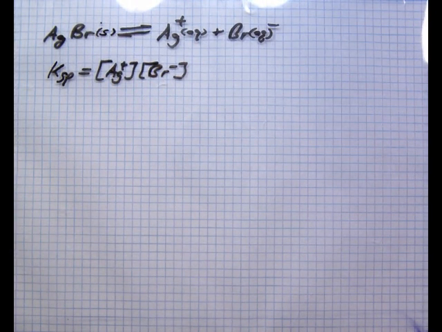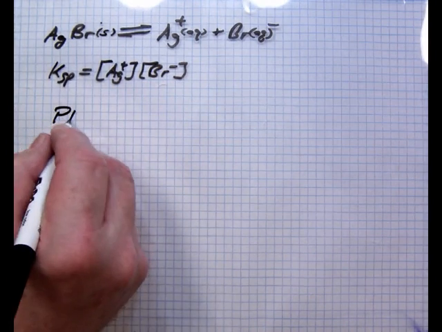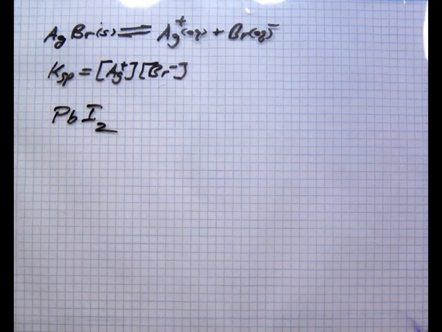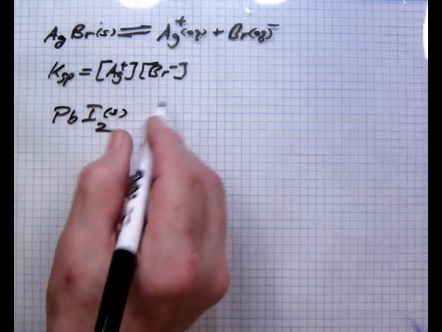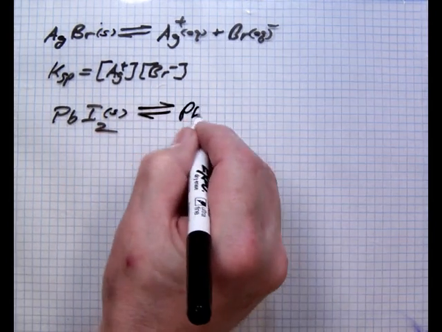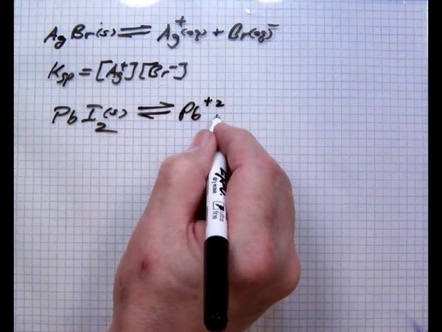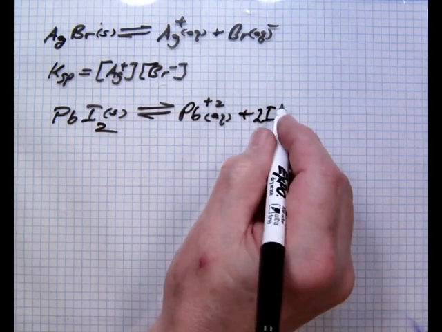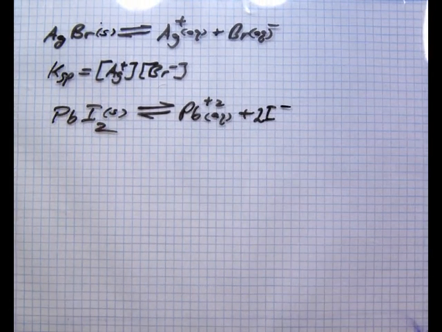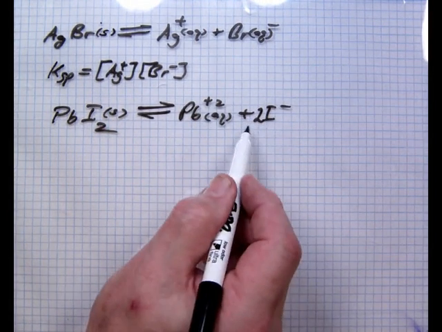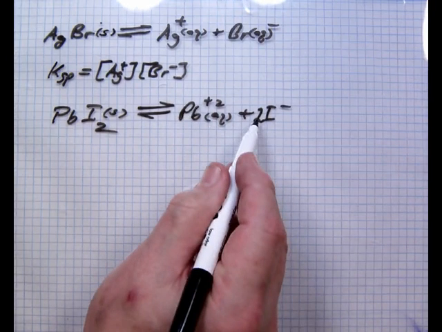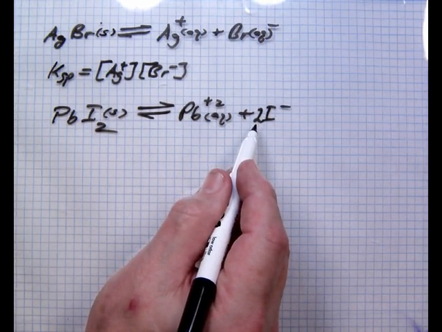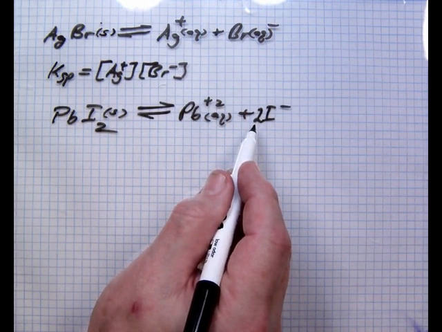All right. Here's another one. Lead iodide. This one ionizes in a 1-to-2 ratio. When you write the equilibrium expression, when you do not have a 1-to-1 ratio, you have to use that as the exponent of the concentration bracket.